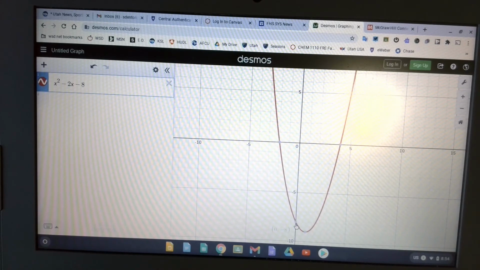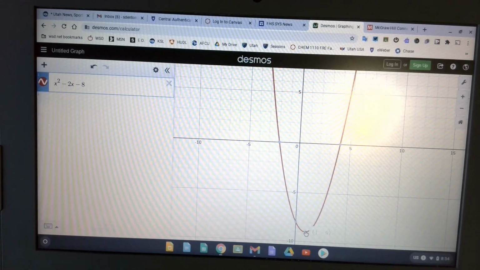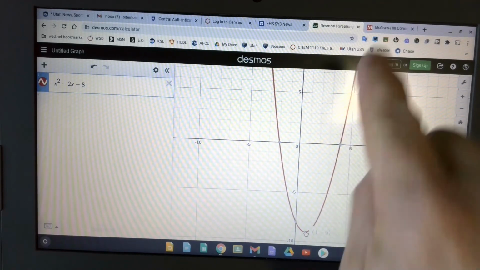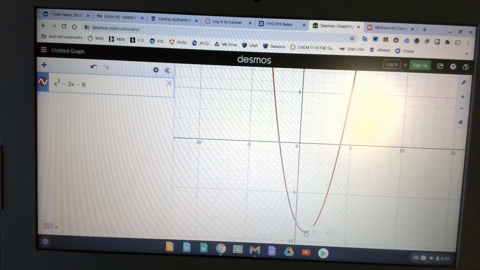This point is 0 and negative 8. And I come over here, and that point is 1 and negative 9. Okay, are they all the values we just had? Yeah. And then as I look at that, would I be able to do the end behavior exactly like we just did it?